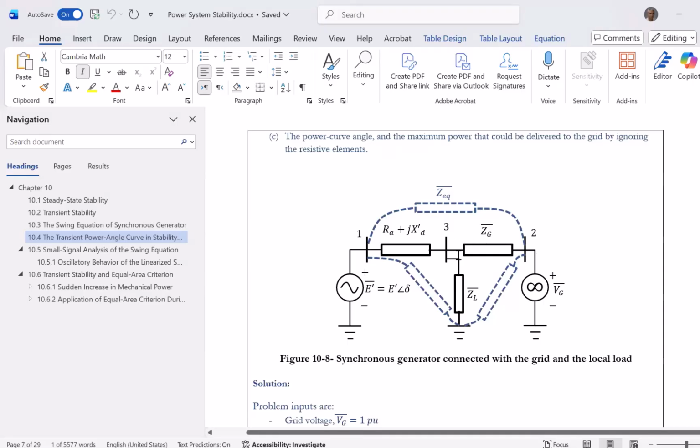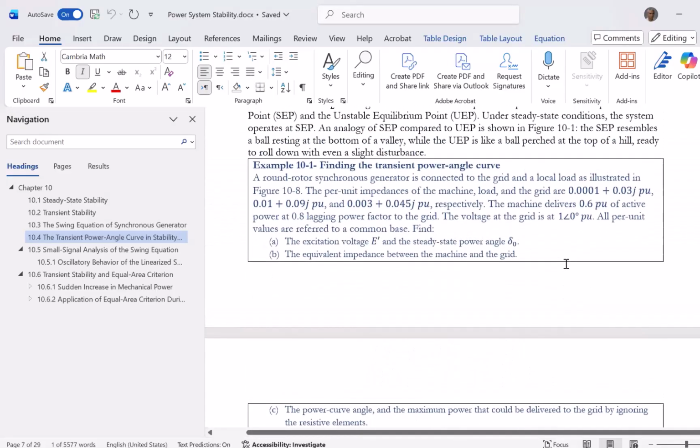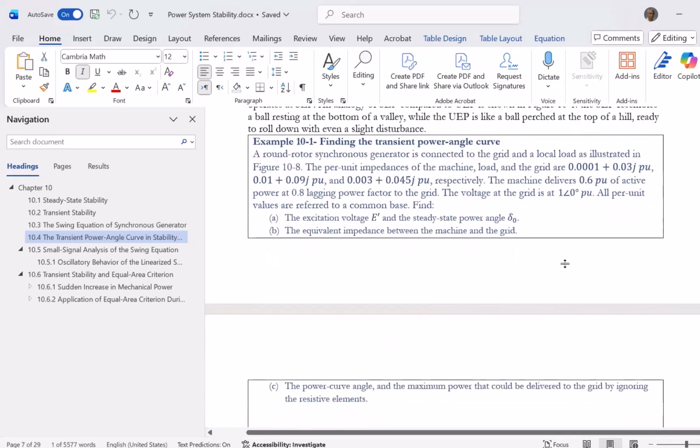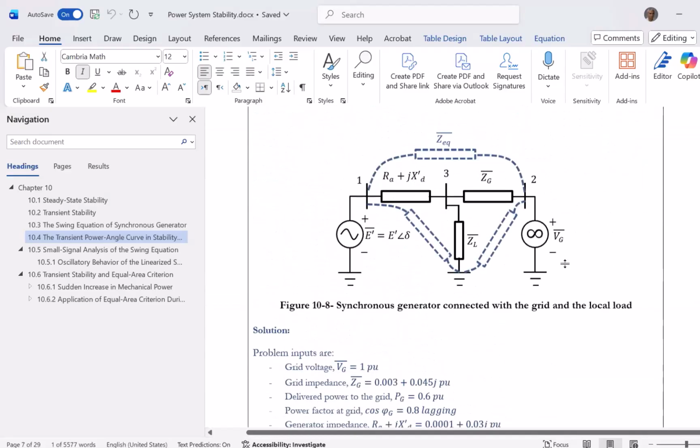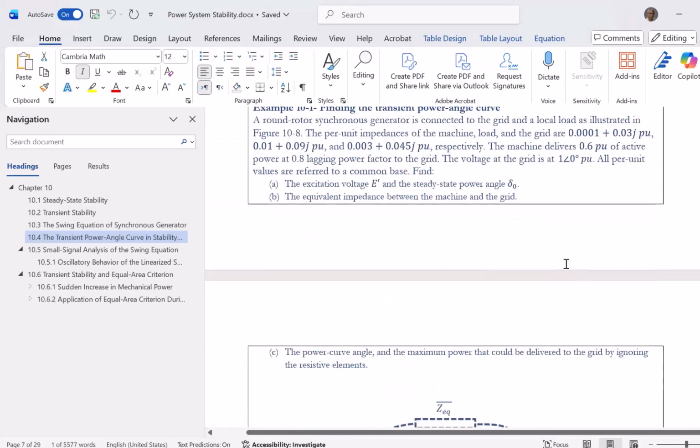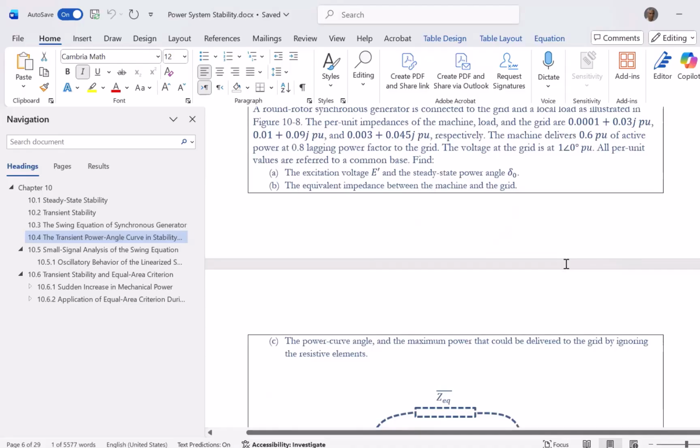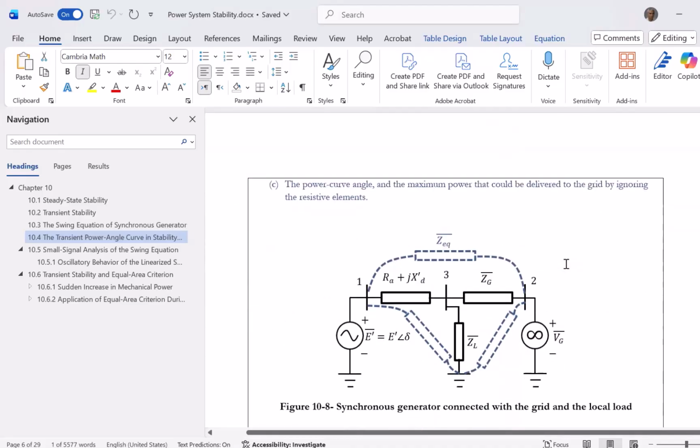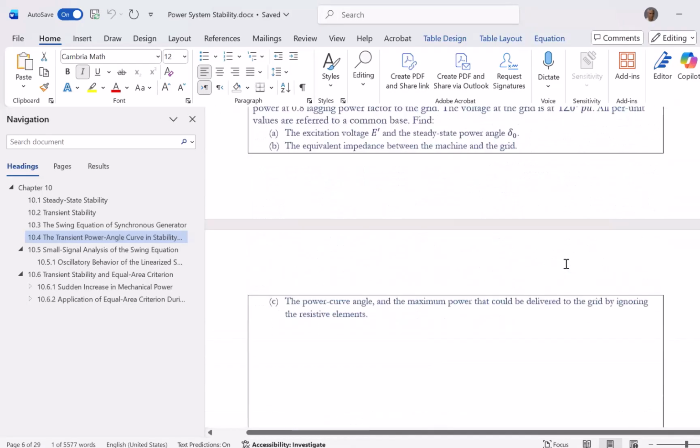This is a local load modeled by its impedance, and this is an equivalent reactance or impedance that is connecting the terminal of my generator with the infinite bus. I've been given these impedance values. It wants me to find the excitation voltage and steady state power angle, so E prime and delta under equilibrium point.